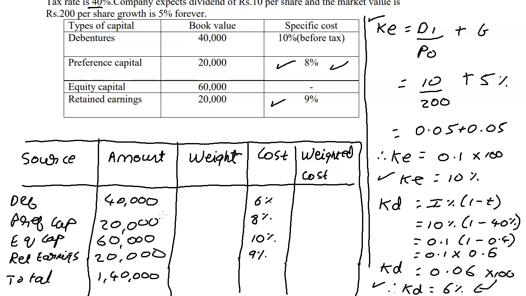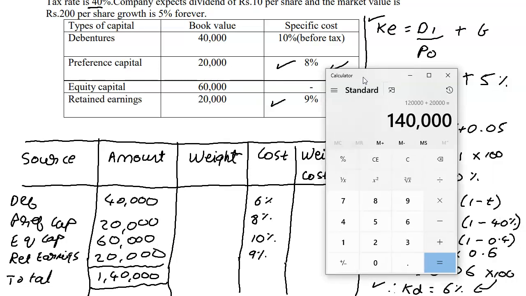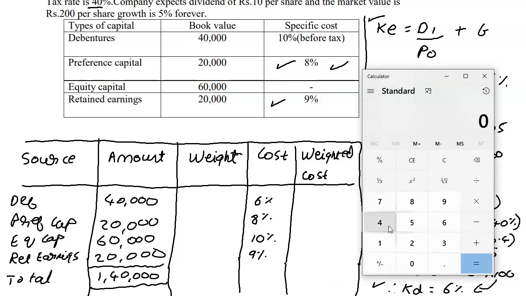Now to calculate weight, we will take each individual amount and divide it by the total. On the calculator, 40,000 upon 1,40,000 is not a perfect terminating decimal, so I'm taking up to 4 decimal places.